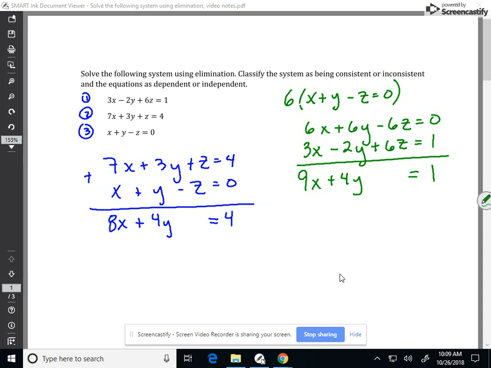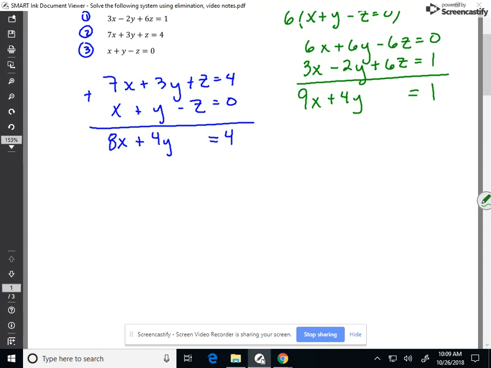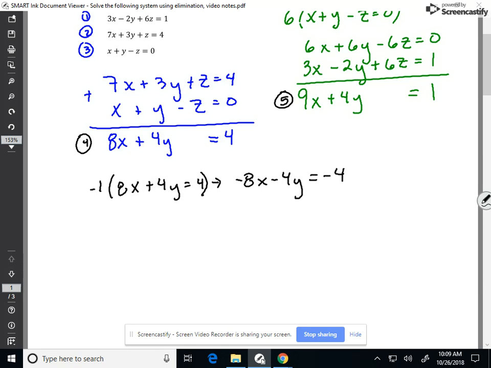Okay, so now I'm going to try to eliminate the same variable from each one. So now I'm going to call this equation 4 and this equation 5. Okay, so I'm going to take equation 4 and multiply it by negative 1 and add it to equation 5. If I take equation 4 and multiply it by negative 1, I get negative 8x minus 4y equals negative 4.